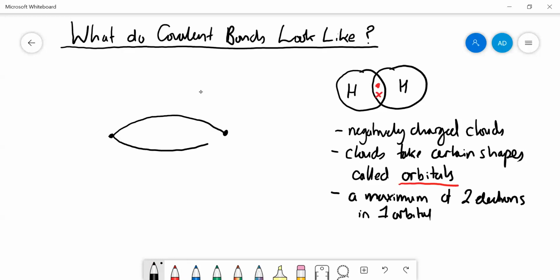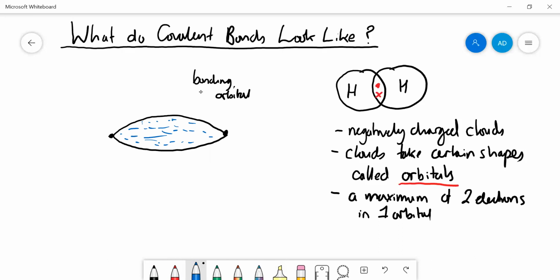In there, we've got a sort of fuzzy, negatively charged cloud. So this is all just a cloud, filled up with negative charge, and you can fit 2 electrons in there.